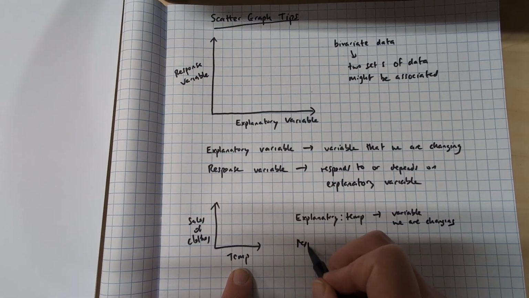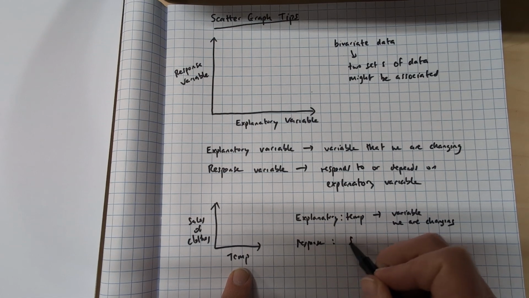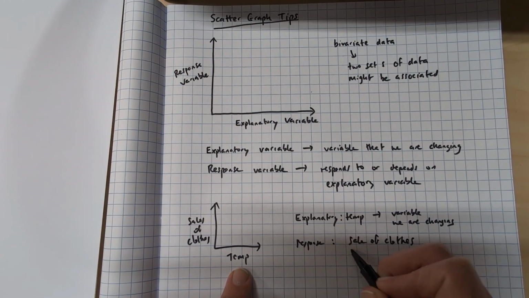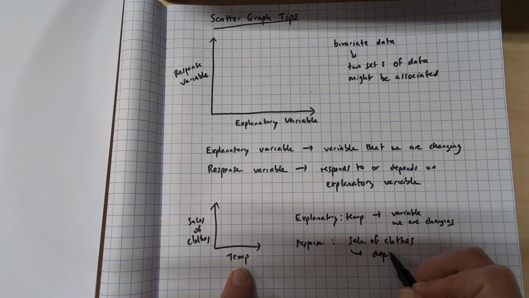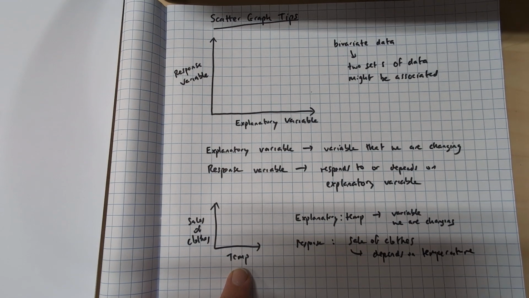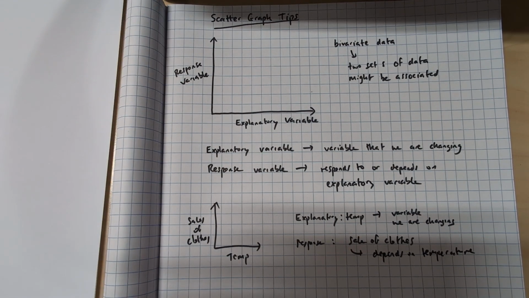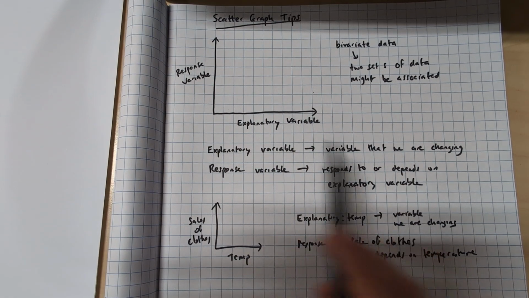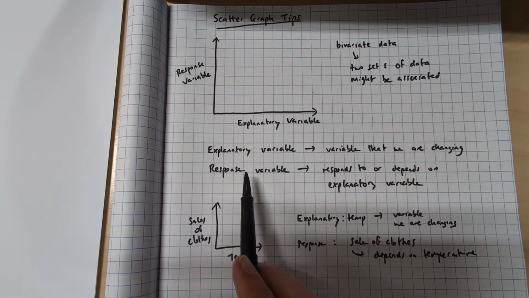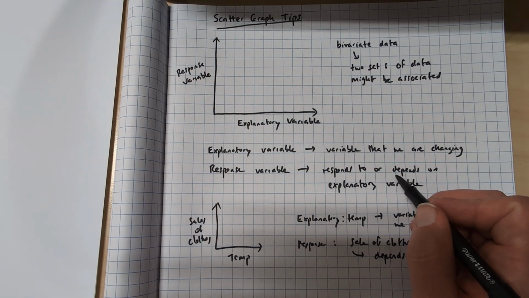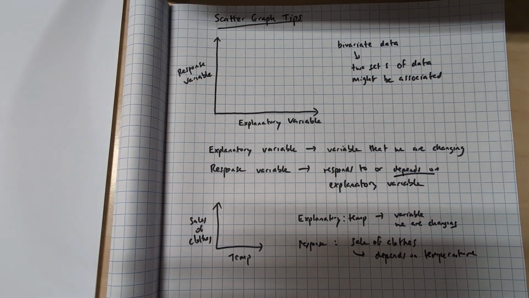And the response is the sale of clothes. It depends on the temperature. All right, so that explains for you what the explanatory and response means. Explanatory is the variable that we change, and the response responds to or depends on. Depends on is probably better than responds to. Depends on the explanatory variable.